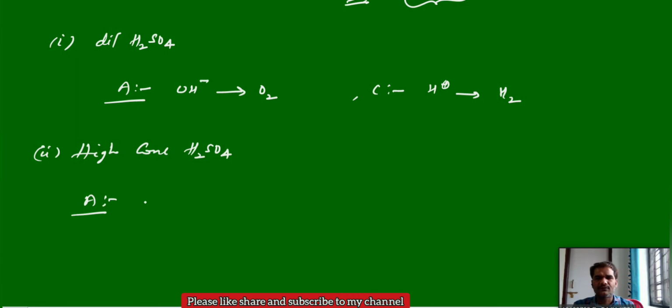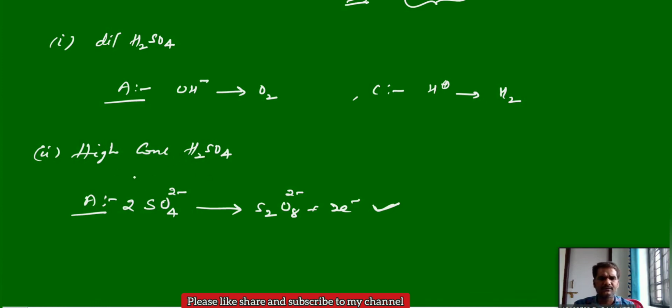So instead of OH minus, in this case, sulfate ions can deposit. SO4 2 minus ions can be deposited as S2O8 2 minus, peroxydisulfate anion. So this reaction can take place instead of the first reaction. Instead of liberation of oxygen, liberation of this anion can take place when you use high concentrated sulfuric acid.